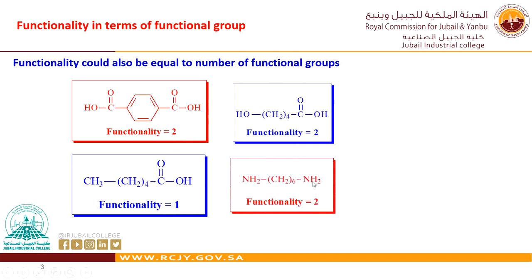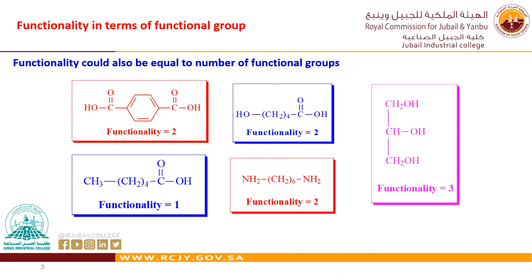If you look at this one, it has two groups, a diamine, one amine here, one amine here, so the functionality is equal to 2. So functionality in terms of functional group is the number of functional groups. Now the last one here has 3 functional groups, 3 alcohol groups, OH, OH, OH, 1, 2, 3. So the functionality is equal to 3.